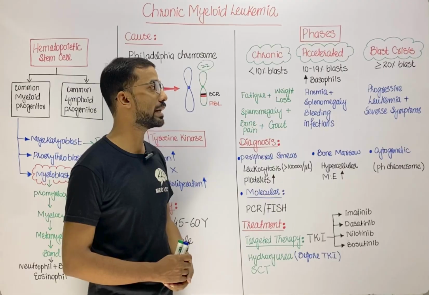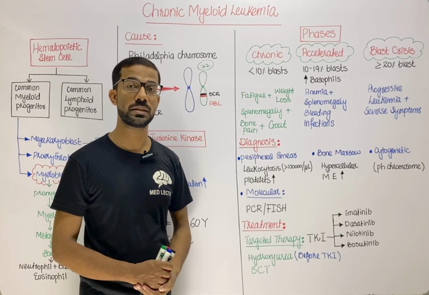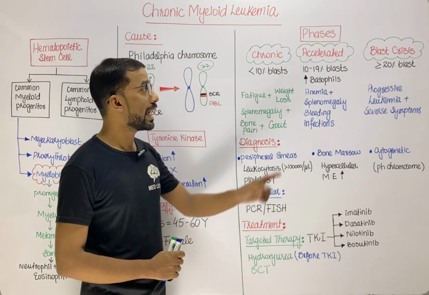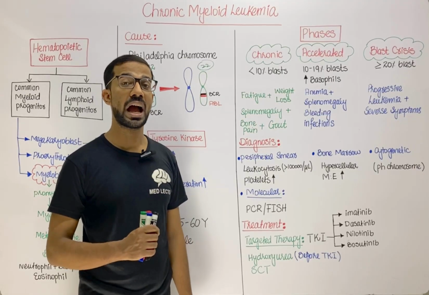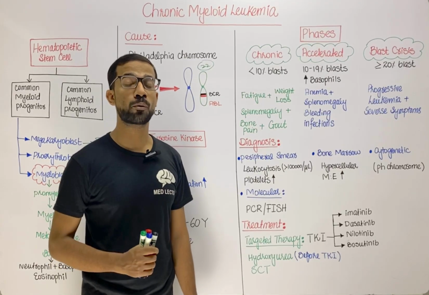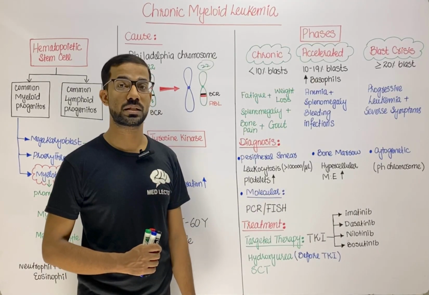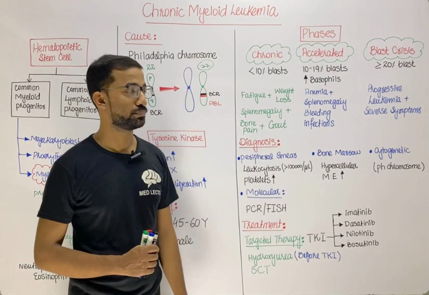Severe splenomegaly, bleeding, and infections: bleeding due to platelet disturbances and infections due to the white blood cells. Next, the blast crisis, that is the progressive leukemia. We face a lot of problems in treating this phase of CML, the blast crisis, and you will see severe symptoms in that case.